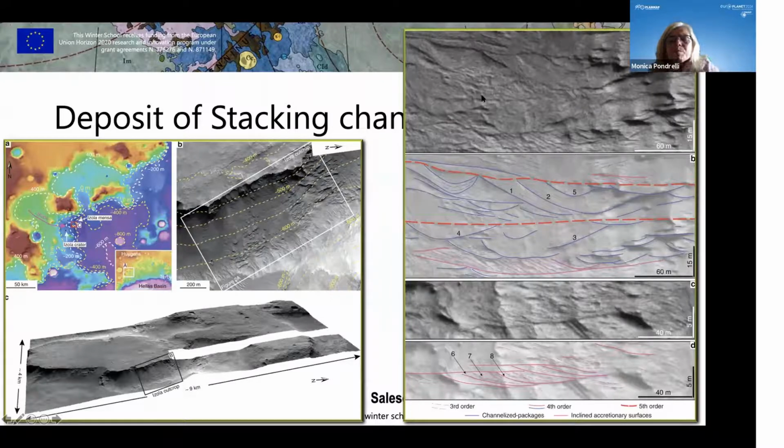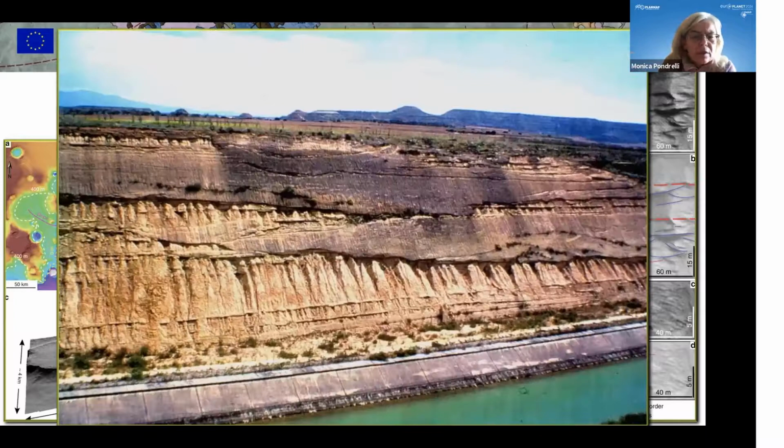So this is an example of many channels which are embedded, actually stacked one on top of the other. A beautiful example which gives you the idea of the complexity of this system. Complexity that from remote we can just, I would not say guess, but of course we cannot fully understand, unless in a situation which is as lucky as this one. This is a stacking pattern of channels on Earth, just to show you the similarities between these two geometries.